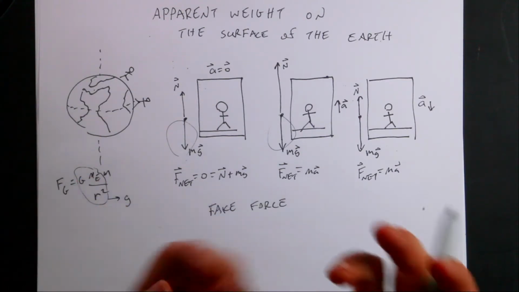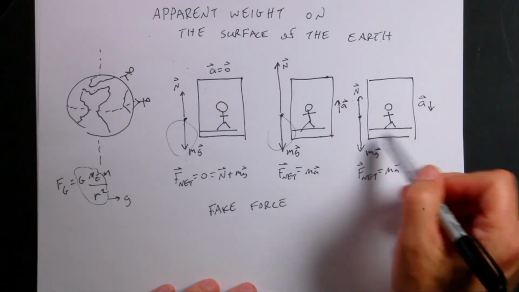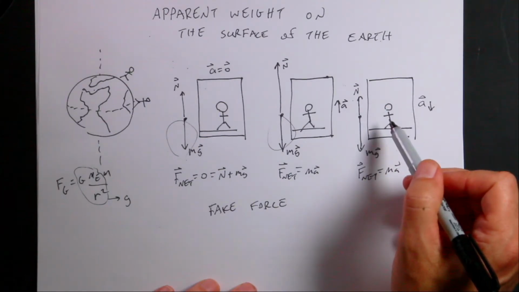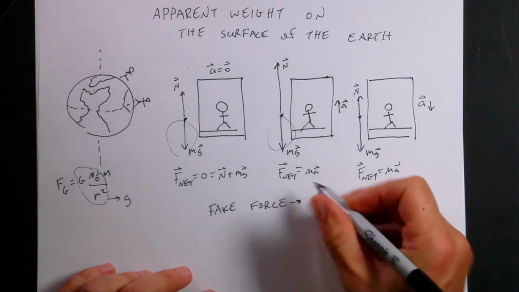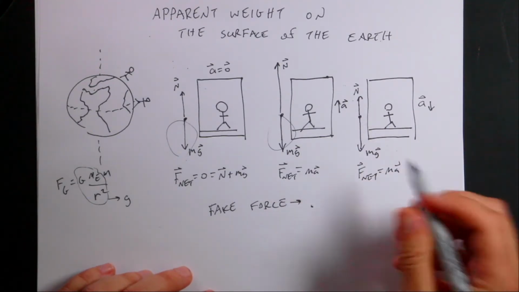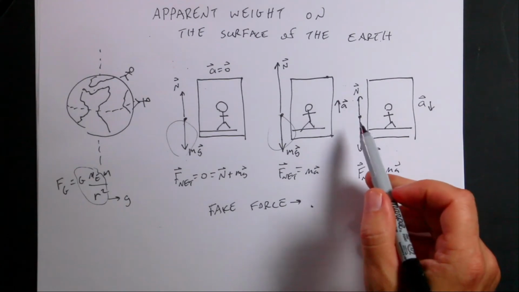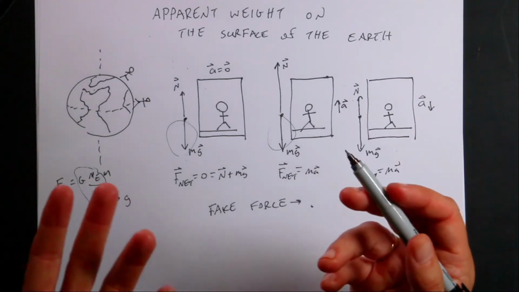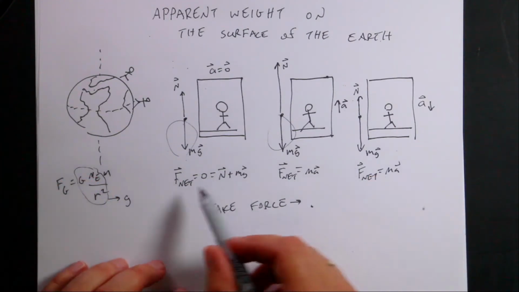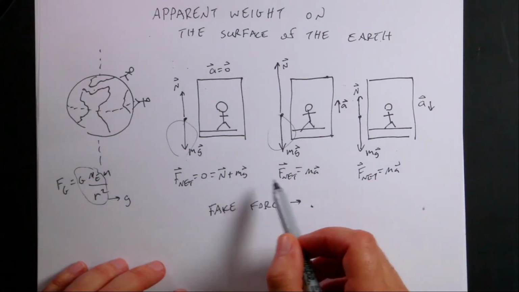And so in your mind, in terms of this elevator, there should be some extra force acting on you. And that is the fake force. So the fake force is a force added, I'm not even going to write it down, to an accelerating frame so that it looks like Newton's second law still works. So it looks like you can still say F net is equal to ma right here.